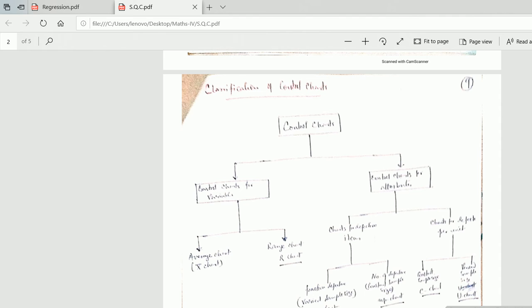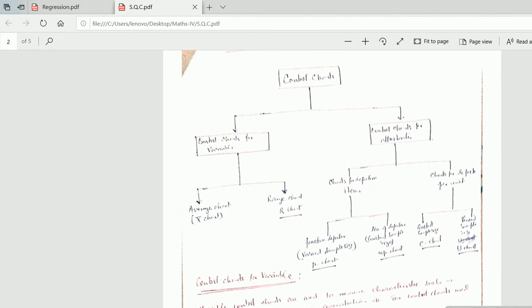Now, classification of control charts. How is the control chart classified? Control charts are divided into two parts. The first one is control charts for variables and the second one is control charts for attributes.